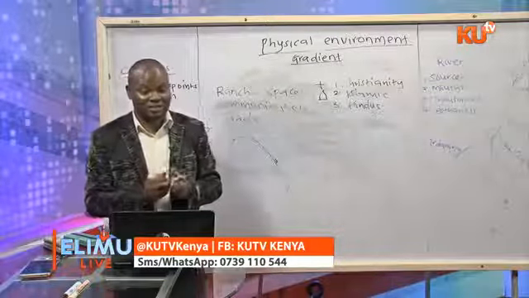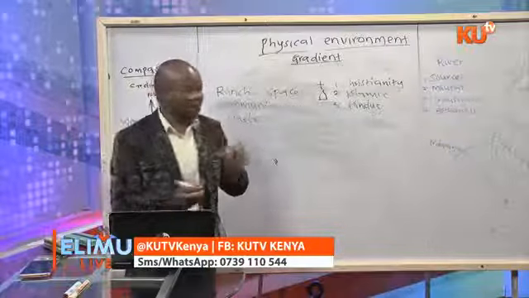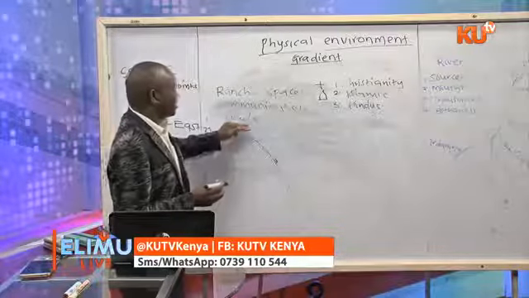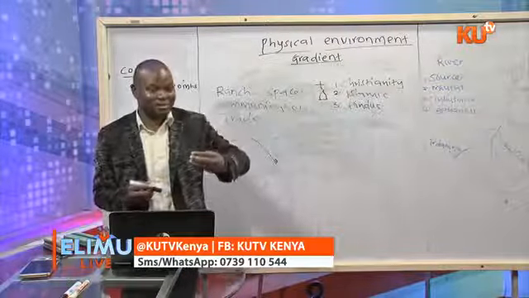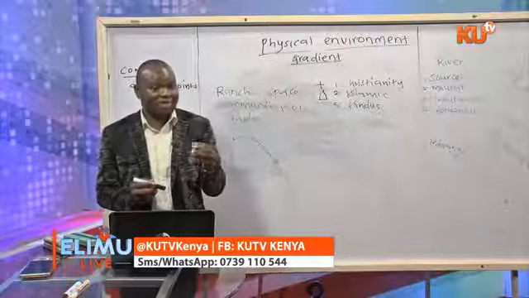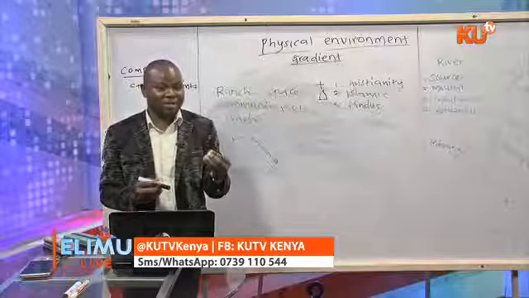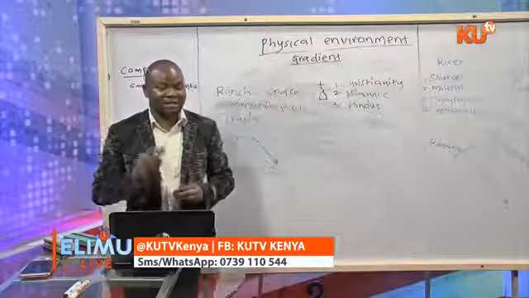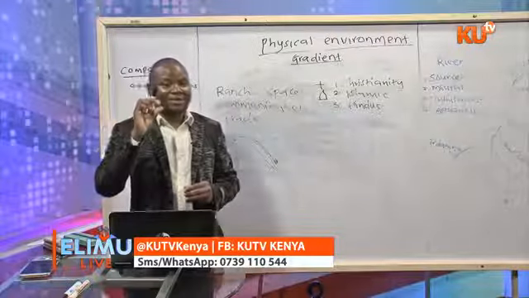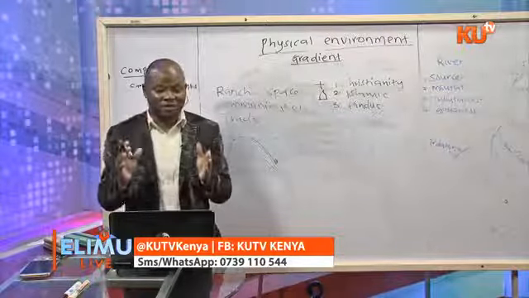Those are the things you're supposed to be aware of. When I talk about trade, I've said that the trade license is acquired in the councils: the city council, the town councils, the municipal councils, and any other council found within that area.